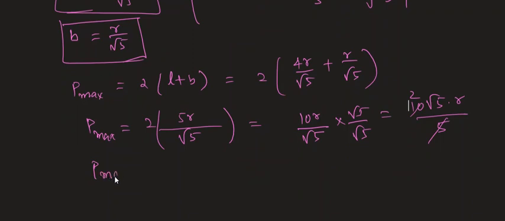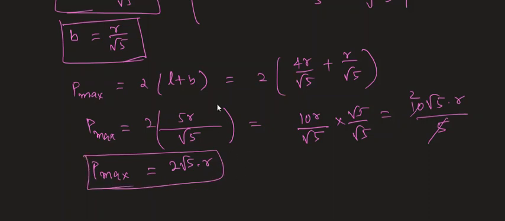So the value of the maximum perimeter is 2 root 5 into r. So this is the final answer. And you have to mention the unit, and this is simply unit, not square unit, simply unit.